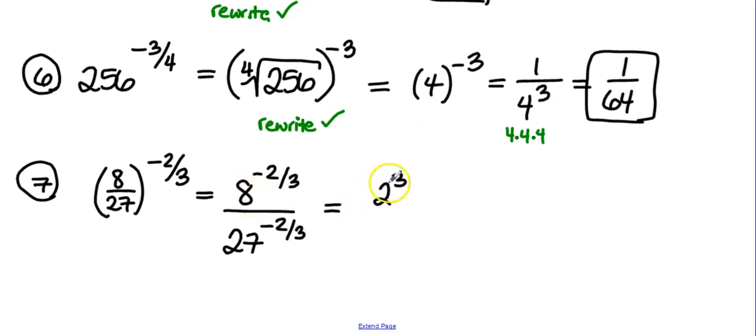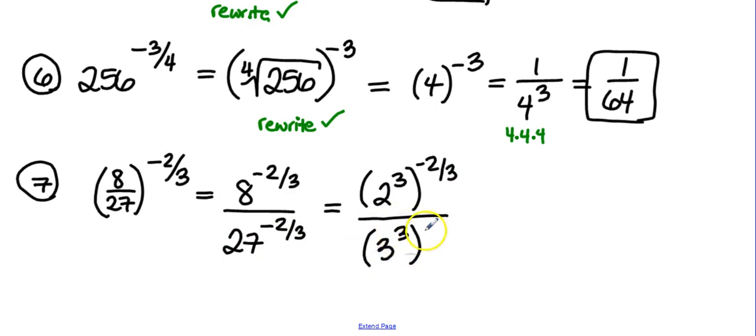So I rewrite 8 as 2 to the 3rd. That is still being raised to -2/3. 27, I know I can rewrite as 3 to the 3rd. And that is still being raised to -2/3. So I haven't actually changed any value. I've just rewritten it.